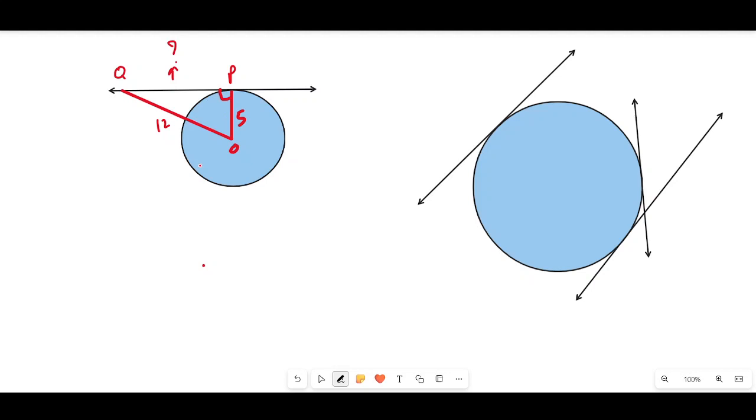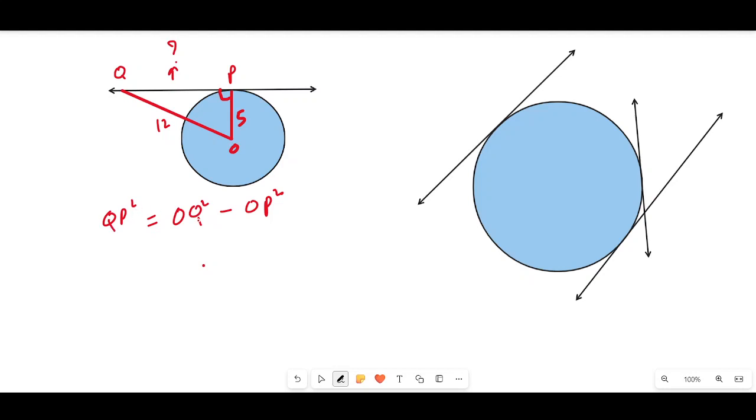With the help of the Pythagoras theorem, we can find it.